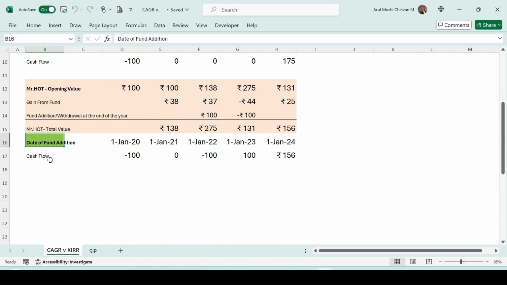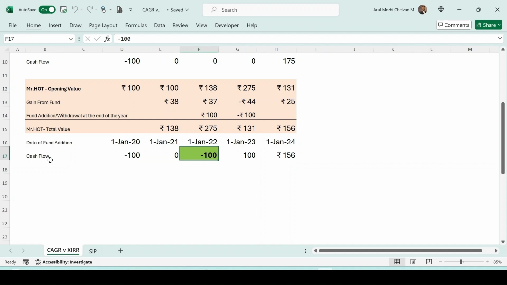Now let us see the cash flow of Mr. Hot. He also invested rupees 100 initially, so the cash outflow is 100, so I put minus 100. In the second year, there is no transaction. In the third year, again he is putting 100 rupees. He wanted to use the opportunity of positive return for the fund.